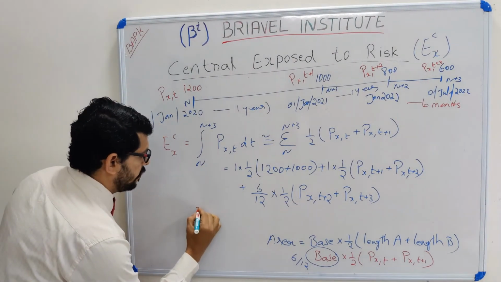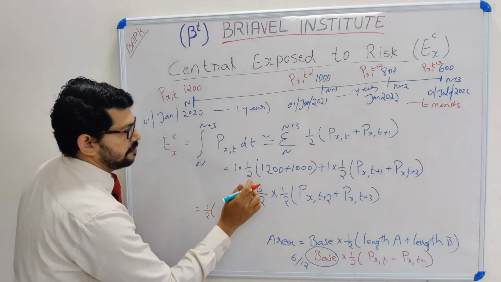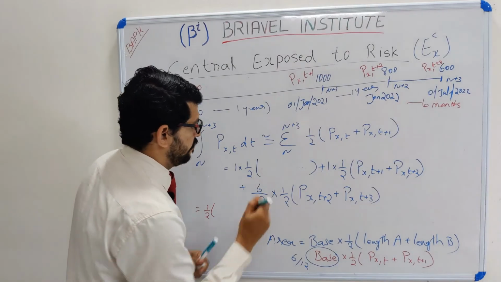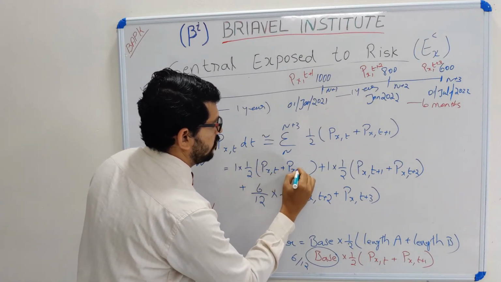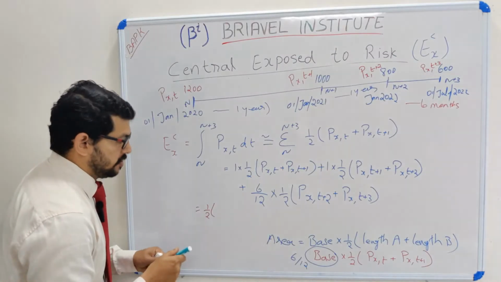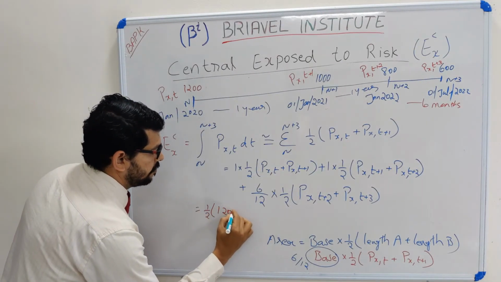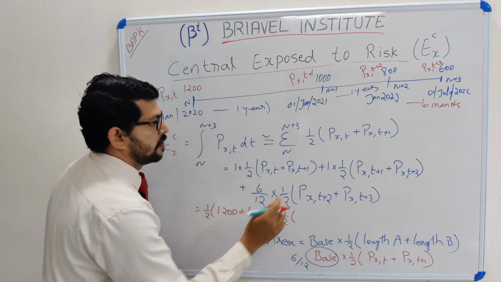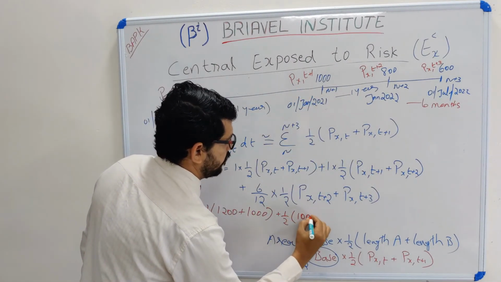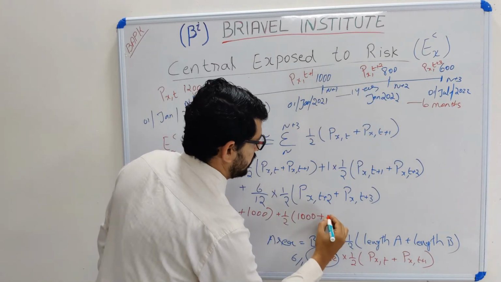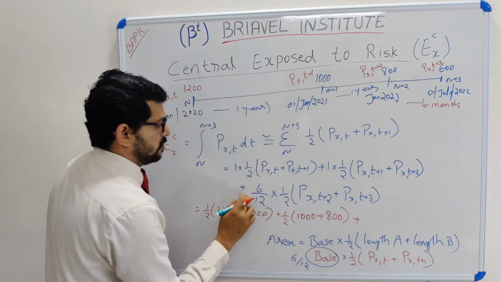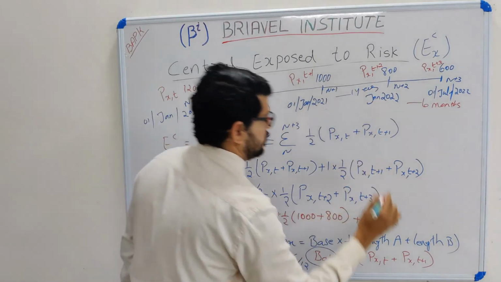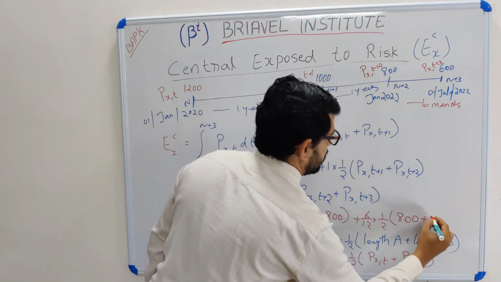Substituting the values, we know that 1 by 2 into P of s comma t is 1200, plus P of s comma t plus 1 is 1000, plus 1 by 2 into P of s comma t plus 1, which is 1000 again, plus P of s comma t plus 2, which is 800, plus 6 divided by 12 into 1 divided by 2 into P of s comma t plus 2, which is 800, plus 600.